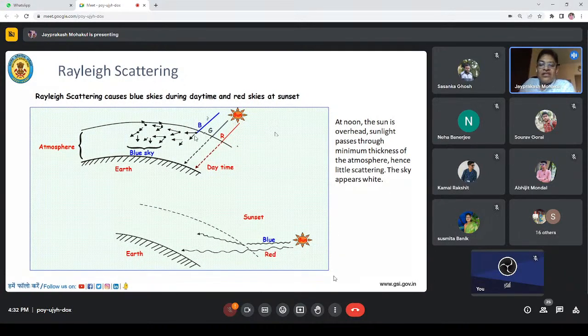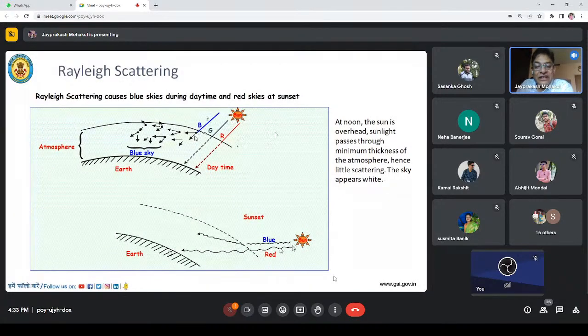On the contrary, what happens in the evening and morning is, now if in the evening you are somewhere standing here, and this is the horizon, right? Now red light, see, everything gets scattered, it's not just the blue light. So red also gets scattered, and blue also gets scattered much more than the red.